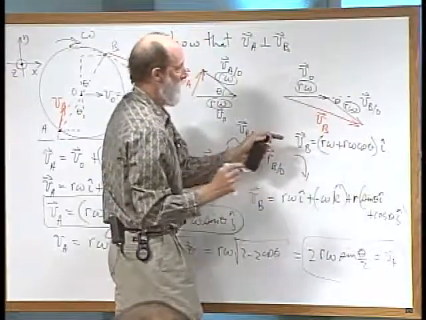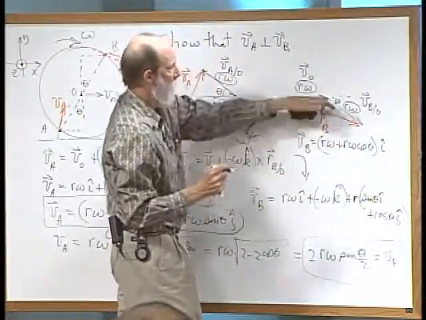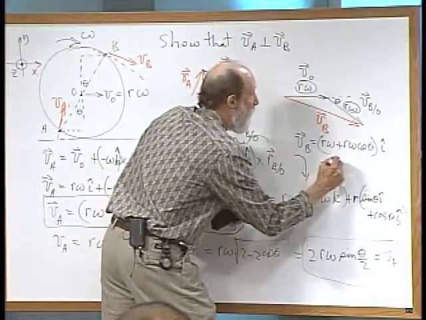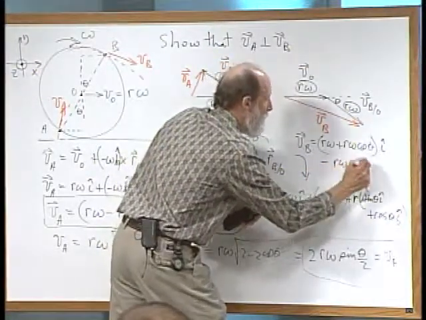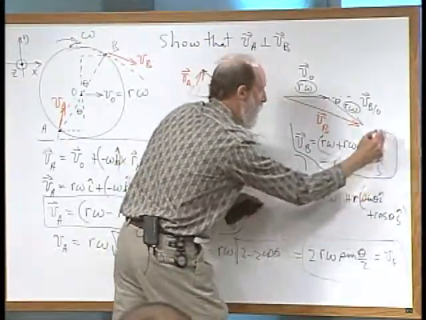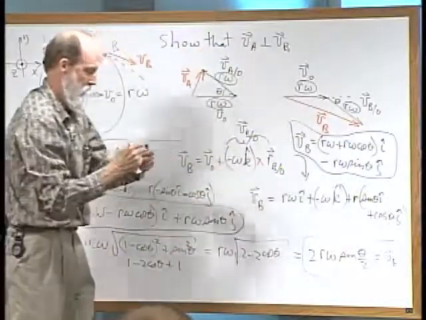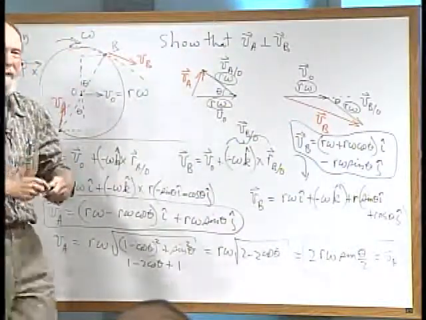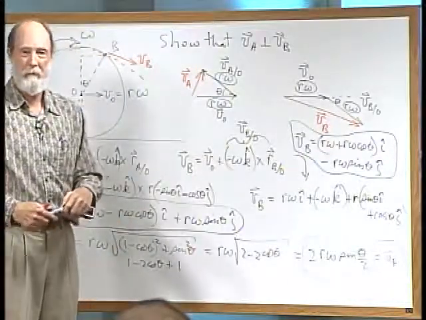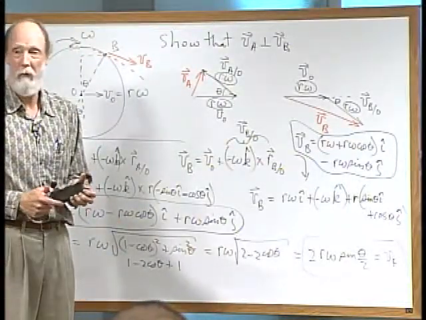And the j component is downward, and the only part of it is due to this. It happens to be minus r omega sine theta j. So there is the result of the vector algebra for the velocity of B from the graphics. Make sense?